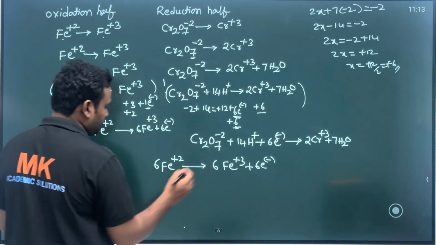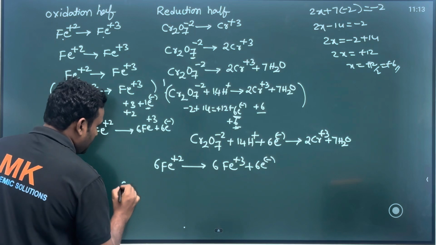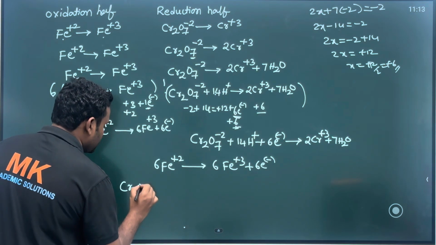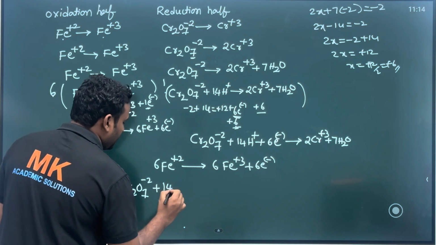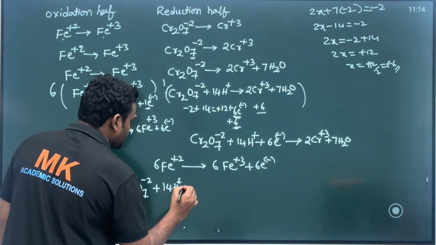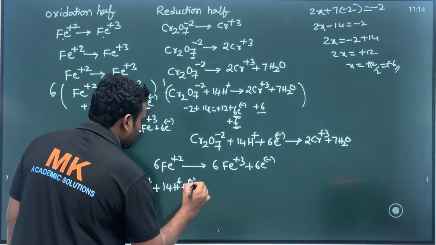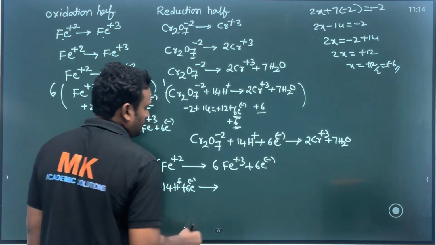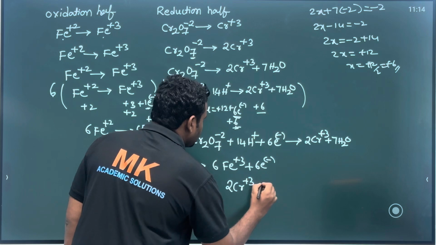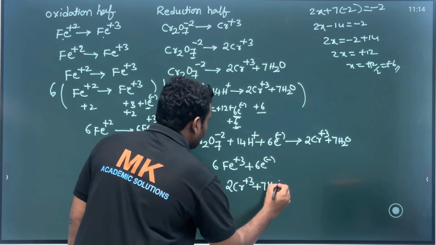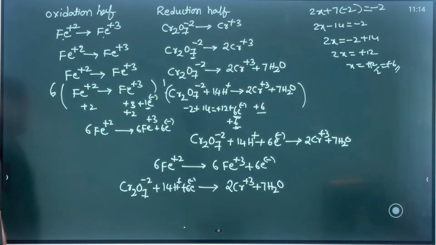Next, on this side, Cr₂O₇²⁻ plus 14H⁺ plus 6 electrons gives rise to 2Cr³⁺ plus 7H₂O.